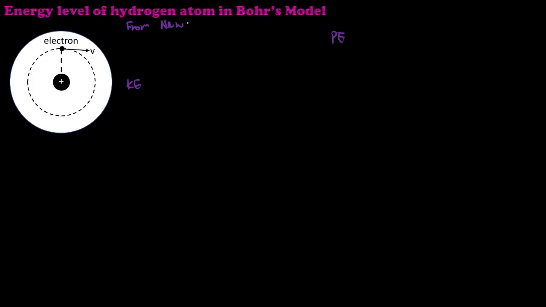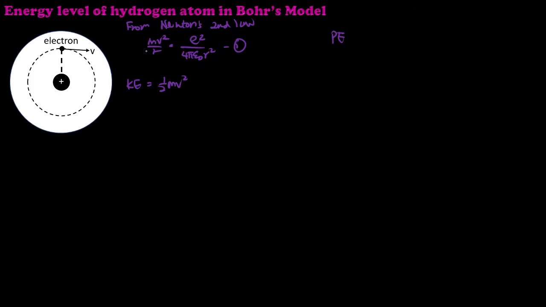Newton's second law, where you have mv squared over r equal to e squared over 4 pi epsilon naught r squared. This is your first equation. If you want to calculate KE based on Newton's second law, we have half mv squared.